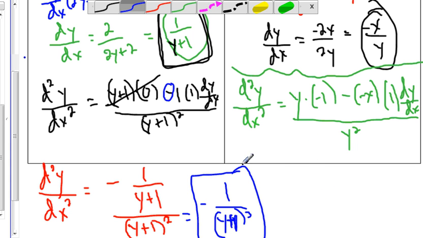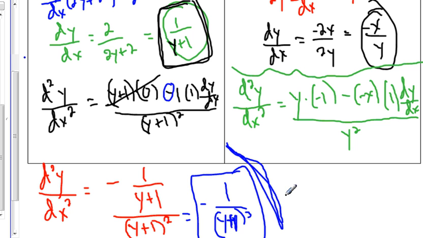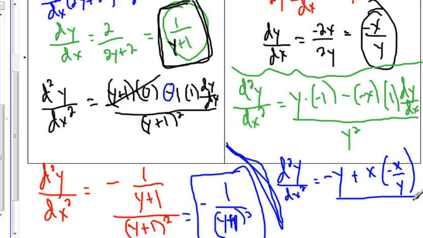Okay, now we've got to simplify, and again, this is like that other problem. So every place I see dy dx, I can put in negative x over y, so let's just write down what we have there. So I get negative y, should be plus x. But every place I see dy dx, I'm going to put in negative x over y, all over y squared.